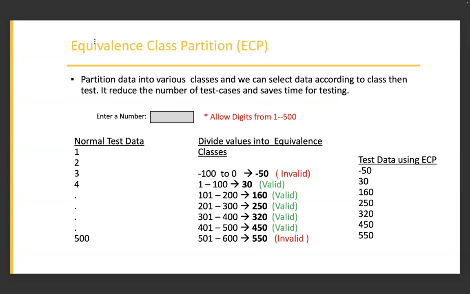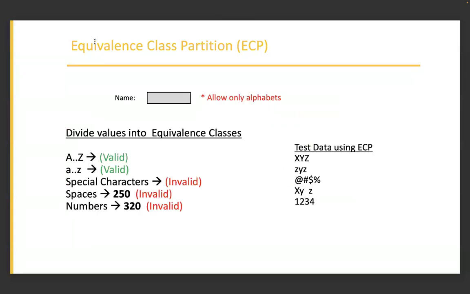If it is working fine, then you are good to go, guys. That's what we do in the ECP part. Clear, everyone? We will take positive sets of data and negative sets of data, execute all the test cases with all sets of data, and make sure that all the test cases are working fine. Same is the case with alphabets, guys.